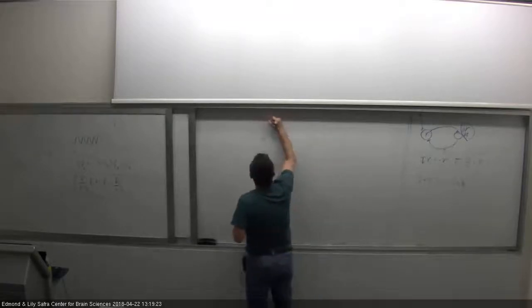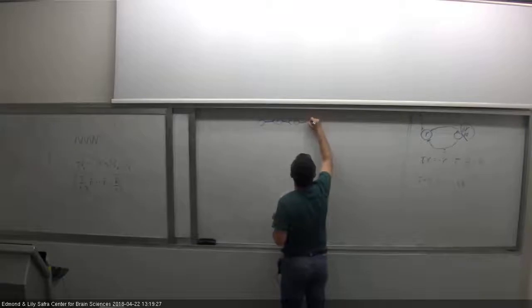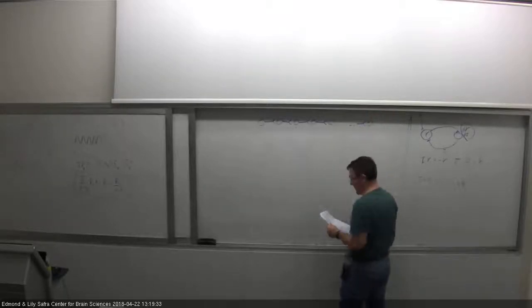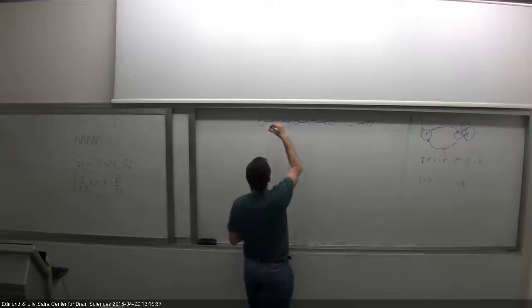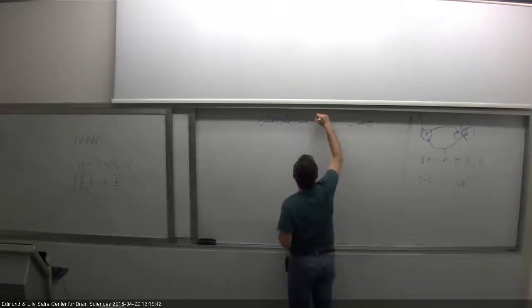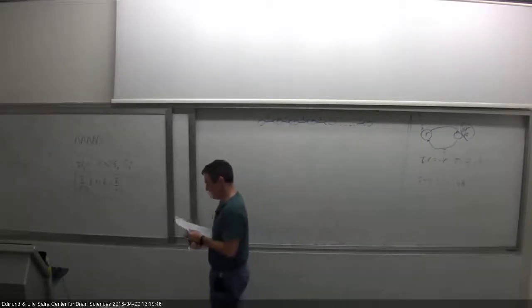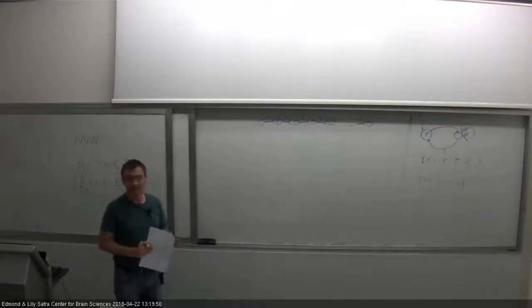So consider a case where we have a feed-forward network of neurons. And they're all connected to each other with an excitatory synapse J, the same J. And as a first step, we will consider simplified dynamics.